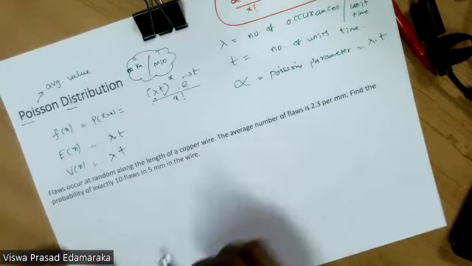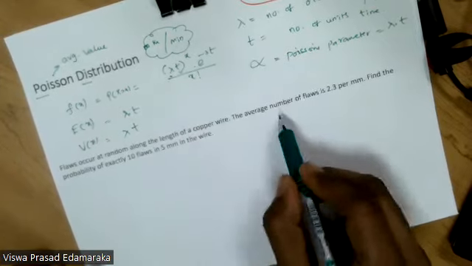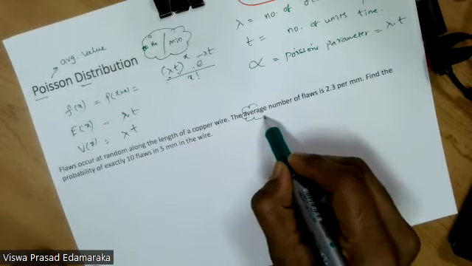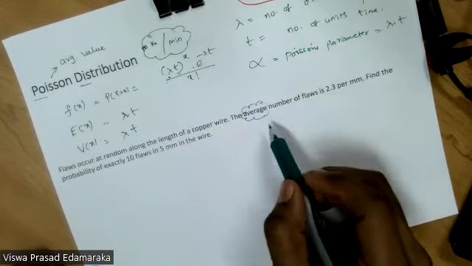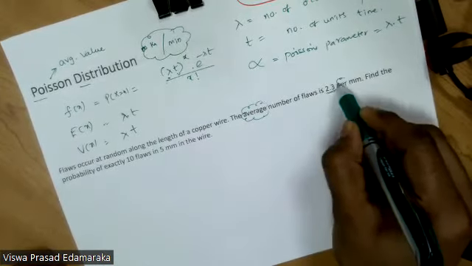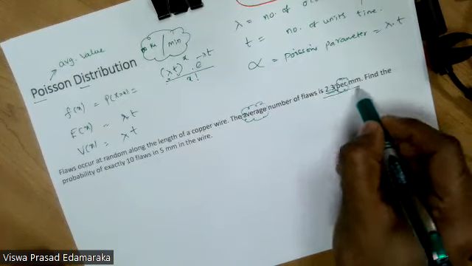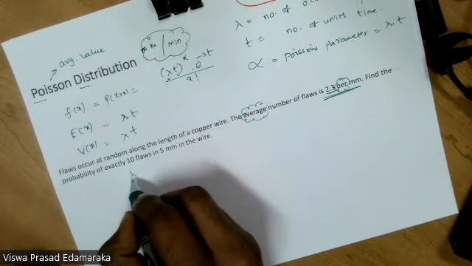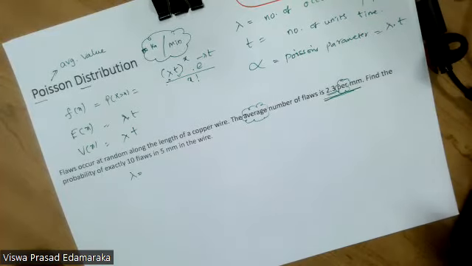Let's do a problem. Flaws occur at random along the length of a copper wire. The average number, as I said earlier, average is the keyword for Poisson distribution. Average number of flaws is 2.3 per mm. This is also a keyword, per mm. So what he has given per mm means lambda, not alpha. Sometimes he'll give alpha directly, like 2.3.